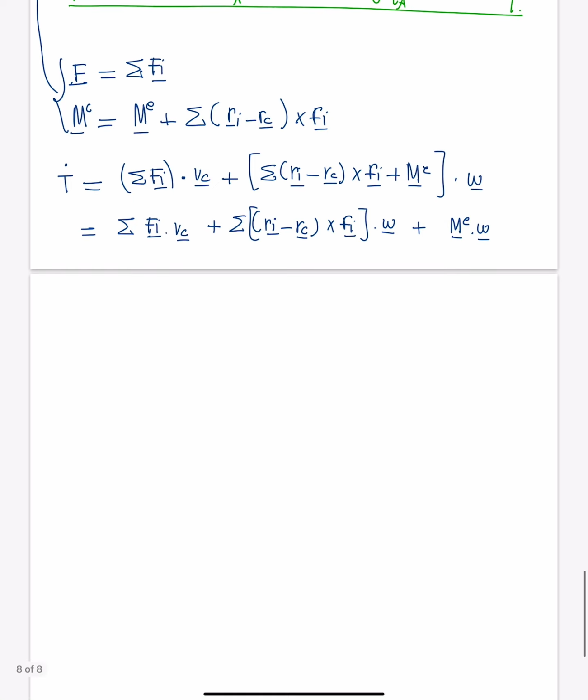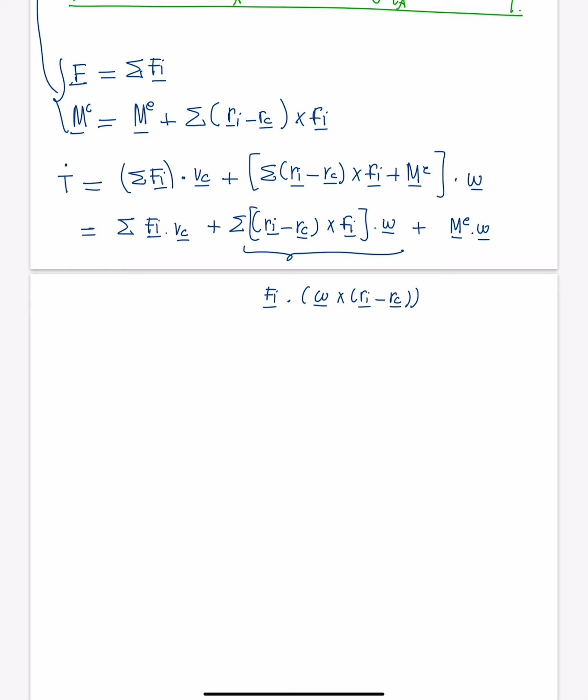Cool. Very well. This I can rearrange. I can write this as Fi dotted with omega cross Ri minus Rc.